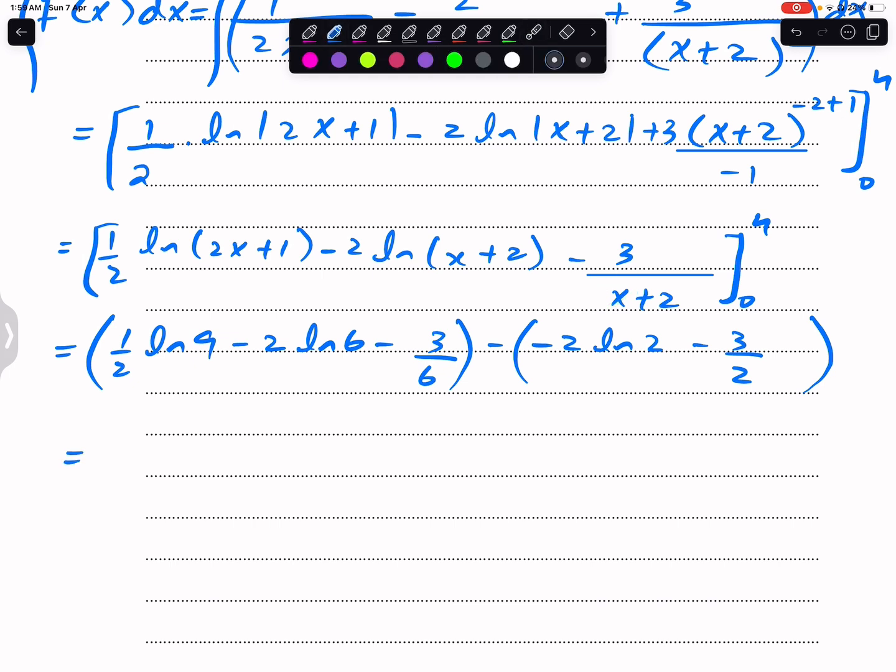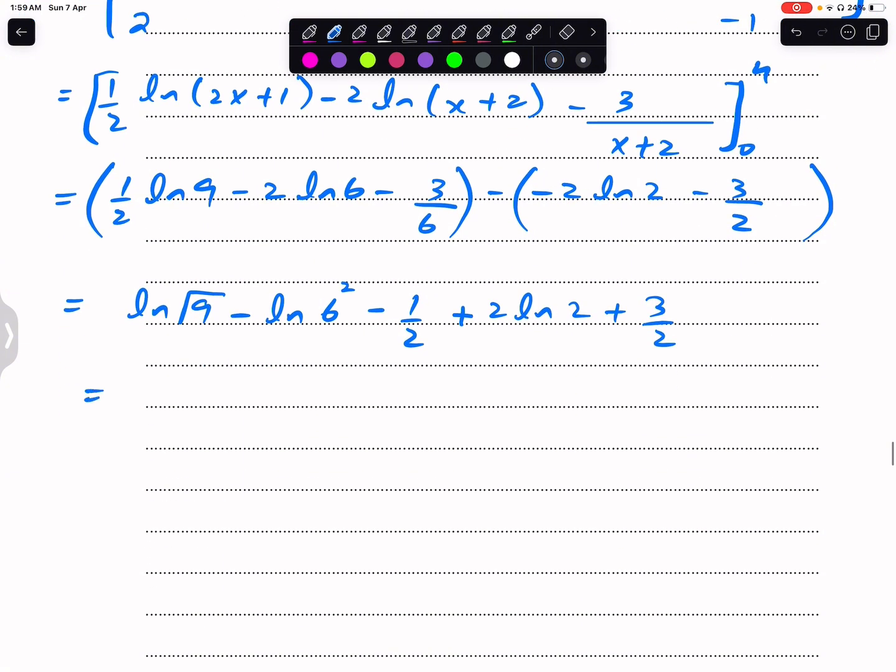Now combine 1 over 2 ln 9. Okay, bring 1 over 2 in the power of 9, so you will write it as ln of 9 power 1 over 2, that is root 9, minus 6 square minus 3 by 6 is 1 over 2, and then minus minus plus 2 ln 2 plus 3 by 2.